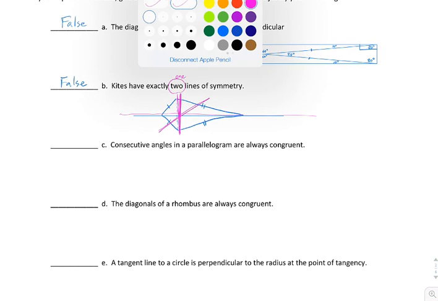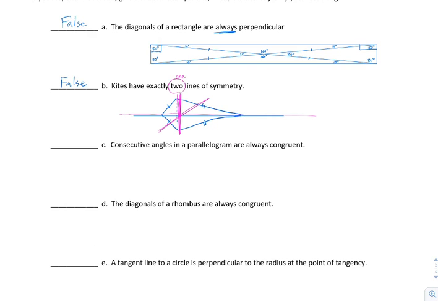Consecutive angles in a parallelogram are always congruent. Well, I know a parallelogram's opposite sides are parallel, so I know that there's a 180-degree turn between consecutive angles. So I know they're supplementary, but if they add up to 180 and they're congruent, then two things that are the same that add up to 180, they must be 90 plus 90, right?